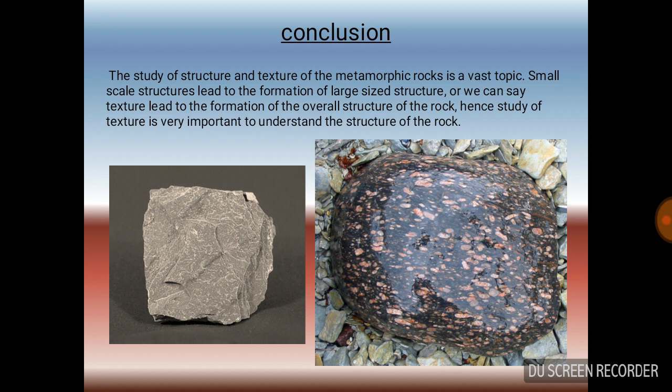And if we can find out that specific environmental change at that specific time at which that rock was formed at a specific place, then eventually we are looking into the past. That means how the environment was changed at that time.